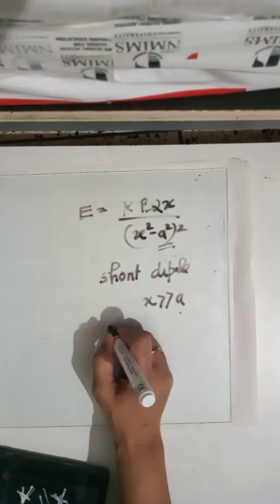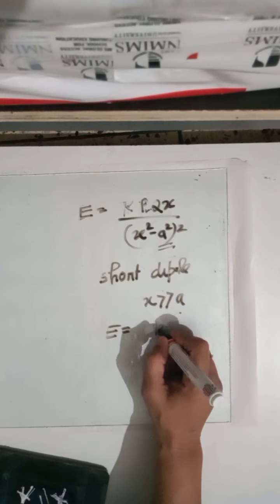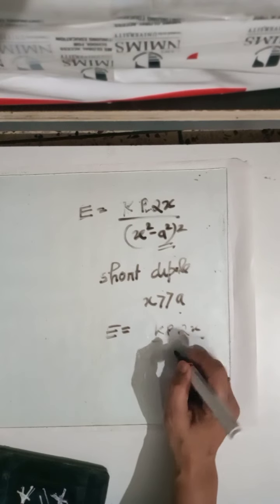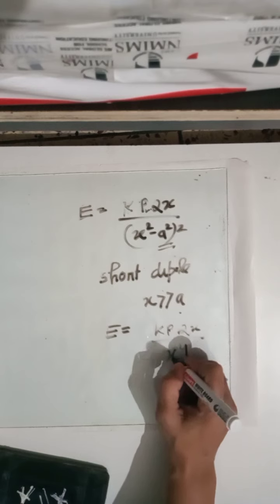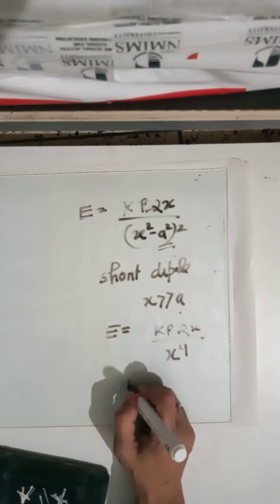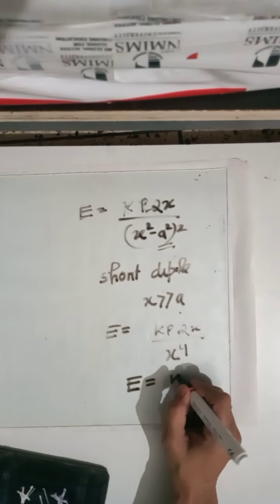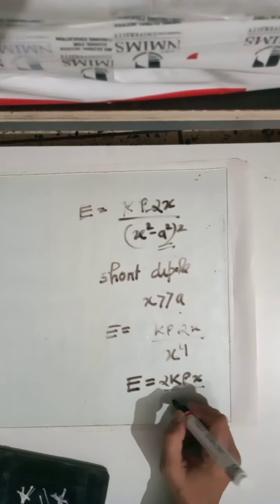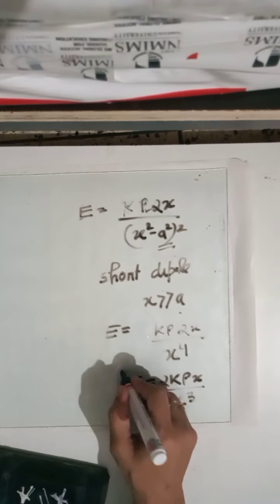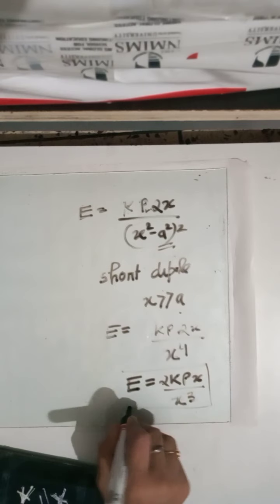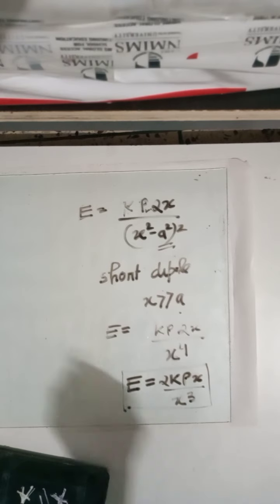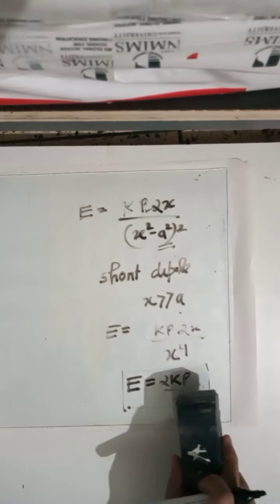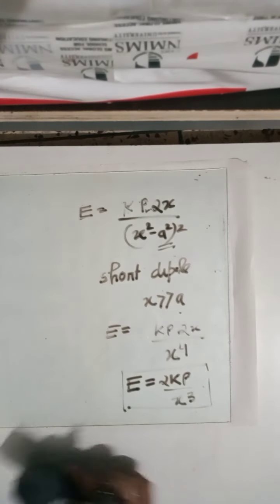Now E becomes equal to kp 2x upon x raised to the power 4. One x cancels out and we get 2kpx divided by x cube. This is the value of the electric field due to a short dipole, therefore here only 2kp upon x cube.